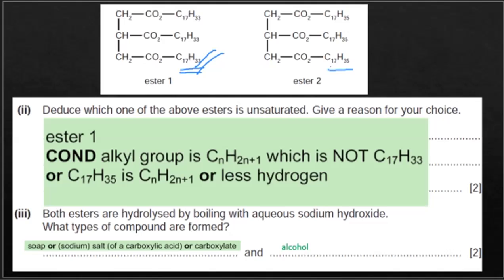While ester 2, C17H35, follows the formula CnH2n+1. So which one is unsaturated? Ester 1 is unsaturated. The reason is that there are double bonds present in that structure, and it does not follow the general formula CnH2n+1, which is that of an alkane.